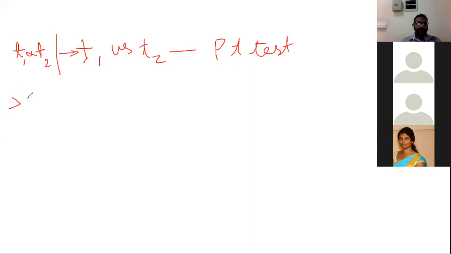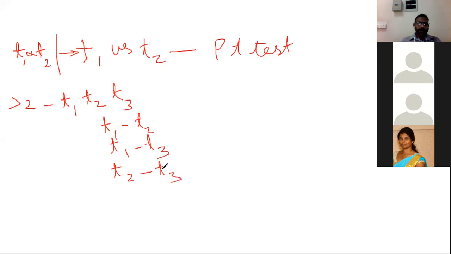Suppose you have more than two treatments, let's say three treatments, T1, T2, and T3. If you are asked to do t-test, you have to do it how many times? T1 versus T2, T1 versus T3, and T2 versus T3. So how many times? 3 times. You have to do the t-test 3 times, right?